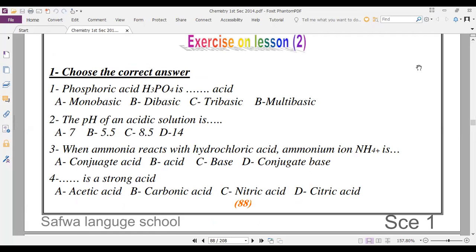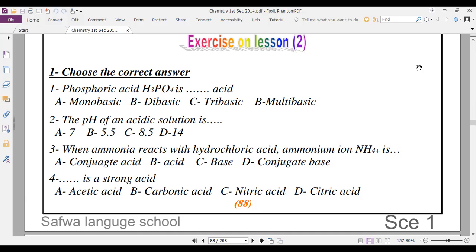Right, 5.5, because more than 7 is base, less than 7 is acid, and 7 becomes neutral as water. Okay, number 3, it's a conjugate base, because when ammonia reacts with hydrochloric acid, the ammonium ion NH4+ is the conjugate base.